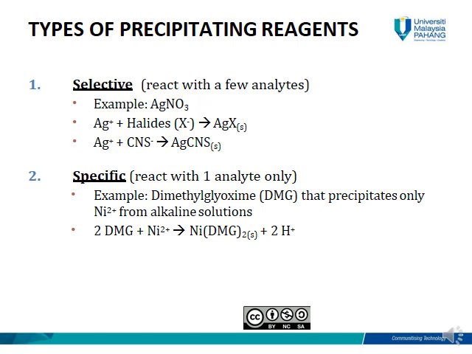Selective properties only react with a few analytes, whereas with specific properties, only that precipitant will react with nickel ion from the solution. So we can see that there is a very big difference between selective and specific.